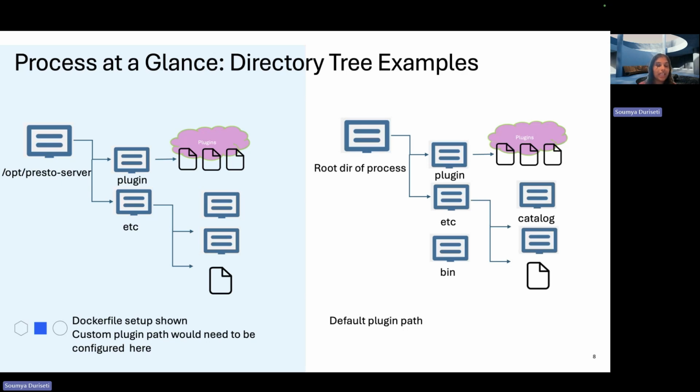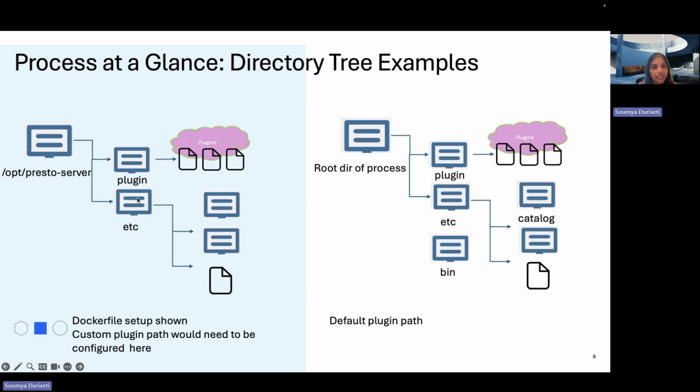So, not the root directory, but under /opt/presto-server. Let's say you're going to put your plugin directory where the etc directory is, because logically, that's where I think my plugin directory should go. So I'm going to create my plugin directory right here, as you can see. And then that's where I'm going to place all of my plugin files.